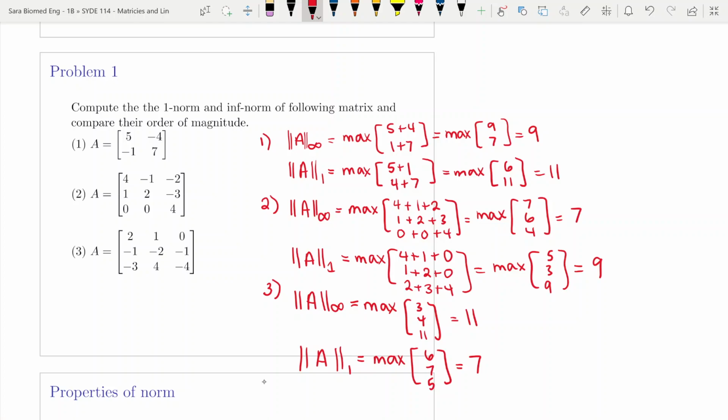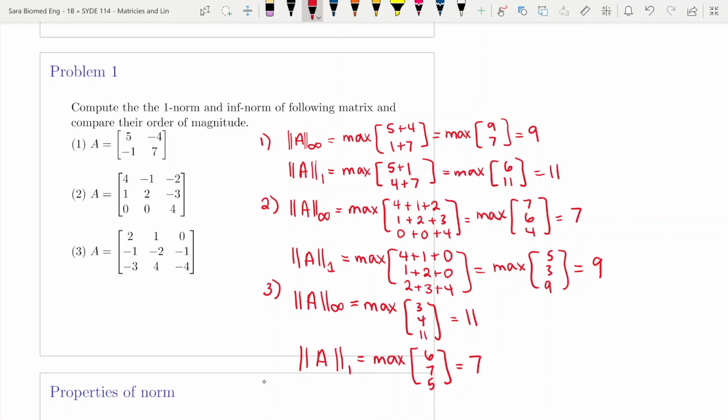That's the one norm. And the inf norm equals the maximum value, taking the sum along the row direction. So it's 5 plus minus 4, and the second entry is minus 1, 7.